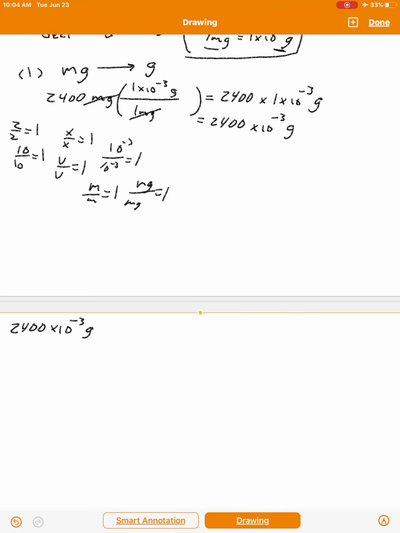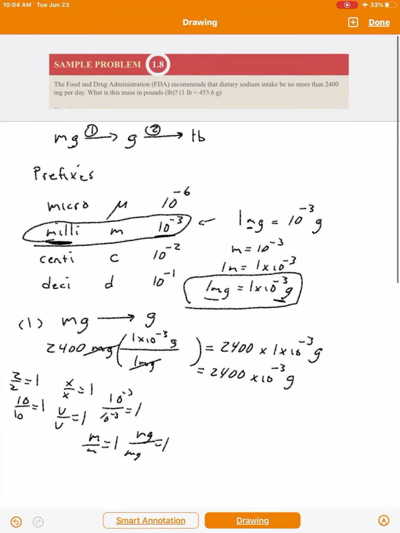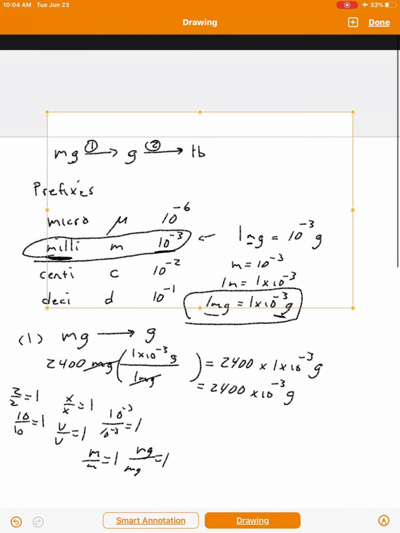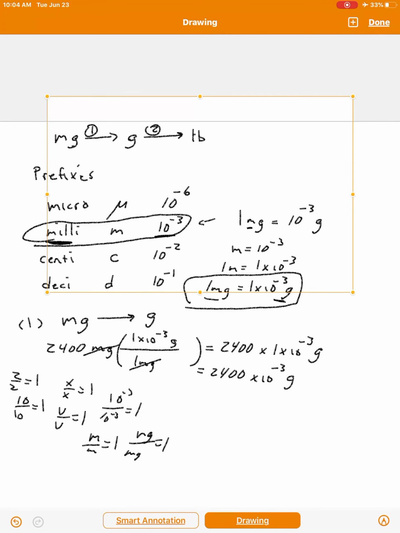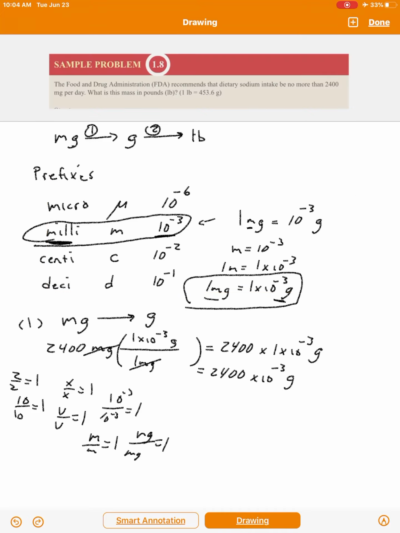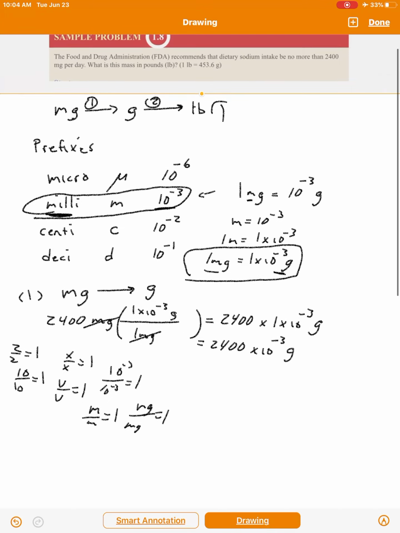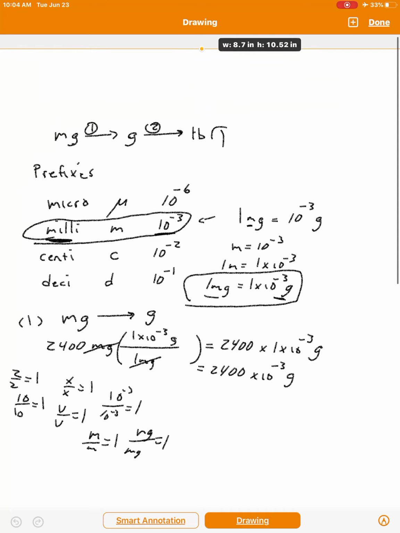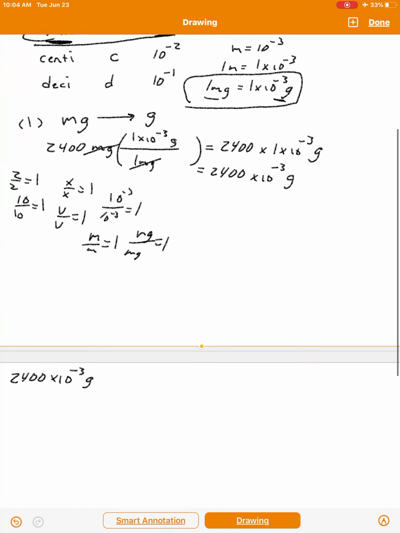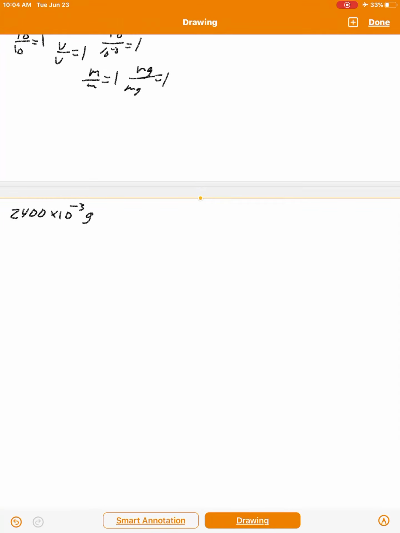But we want to go to pounds. Here's the conversion for that. The conversion is written up at the top. 1 pound is 453.6 grams. So I'm going to use that as the conversion factor.